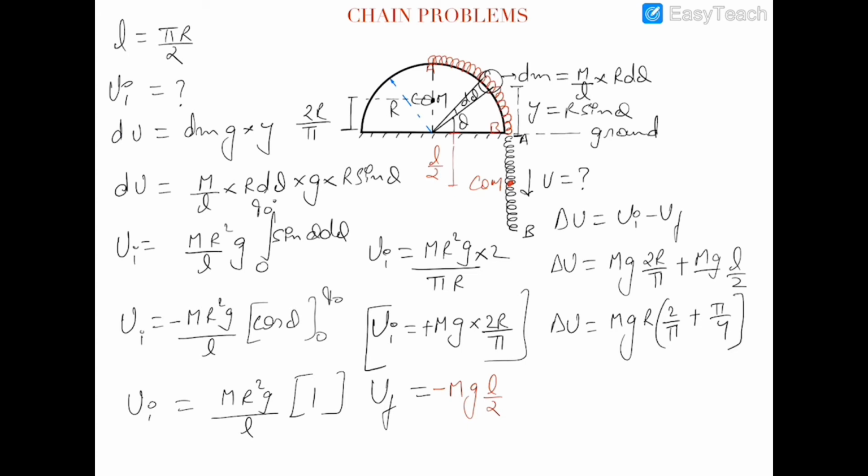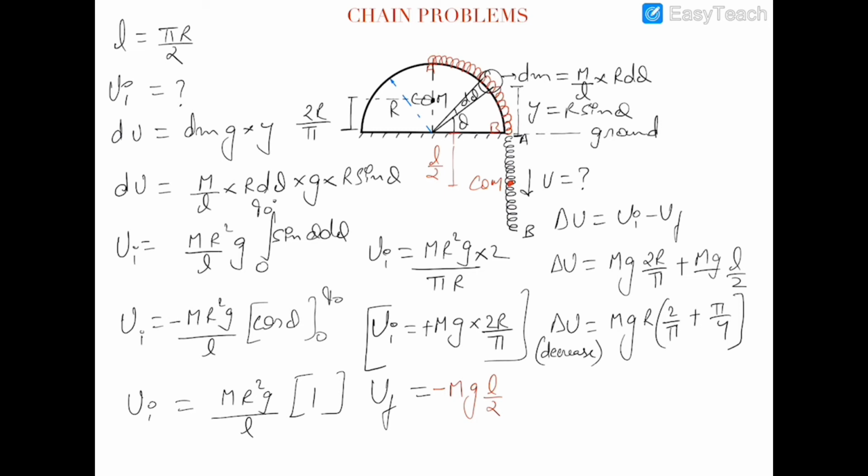Now this change in potential energy, in fact it is the decrease in potential energy, has been utilized in form of kinetic energy of the chain, and you can see that in final situation the complete chain is moving in the downward direction.